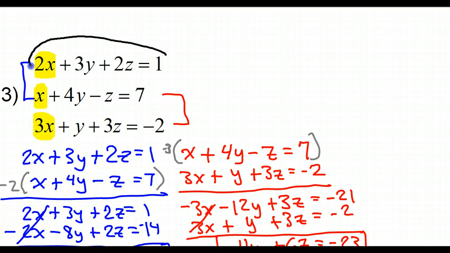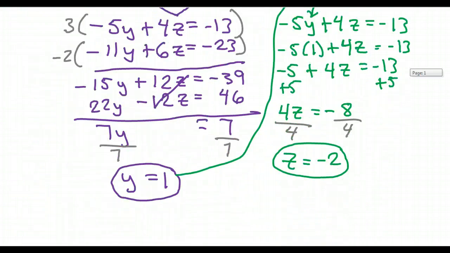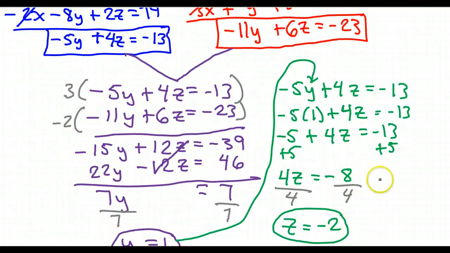So if I take this top equation and substitute, I'm trying to find x. So I've got 2x plus 3y plus 2z is equal to 1. So y was 1 and z was negative 2.